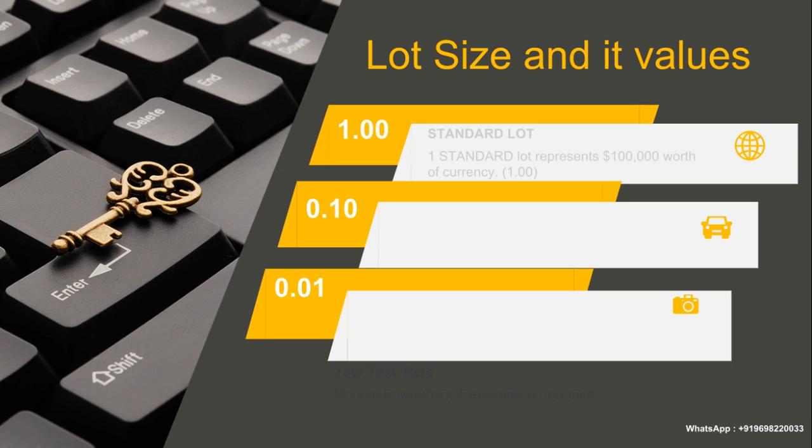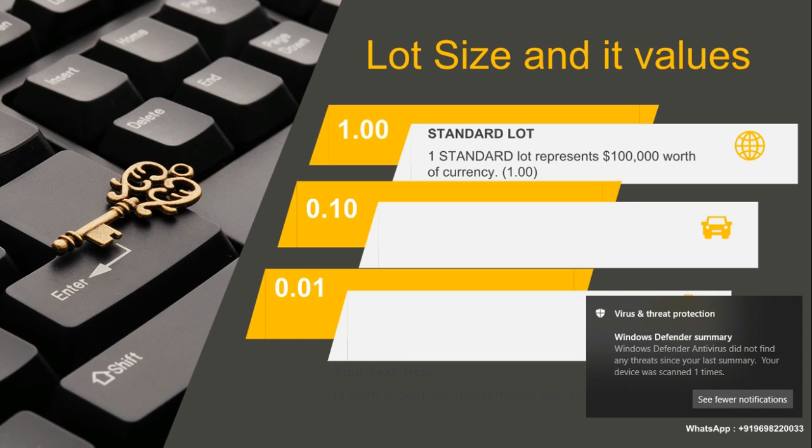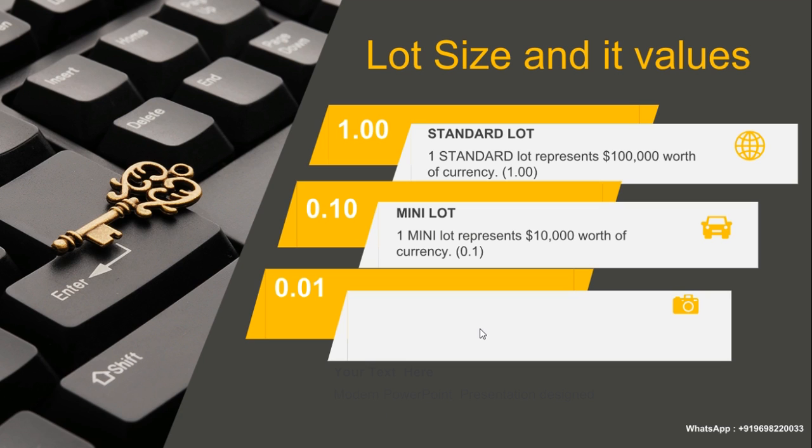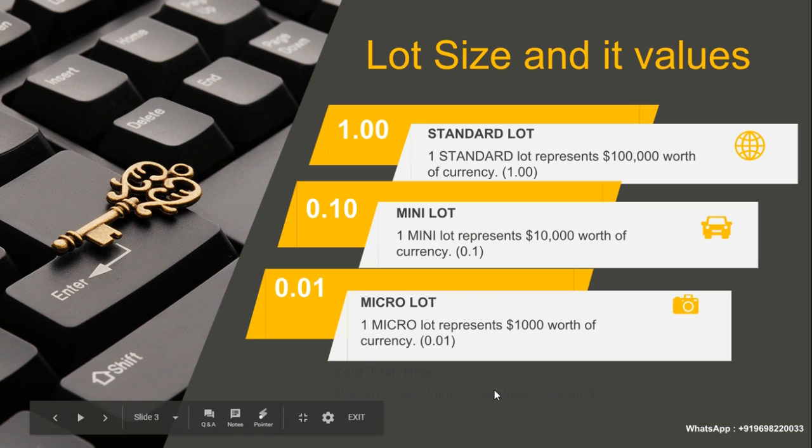Lot size and its values. Standard lot. One standard lot represents 100,000 worth of currency. One mini lot represents $10,000 worth of currency, and one micro lot represents $1,000 worth of currency.